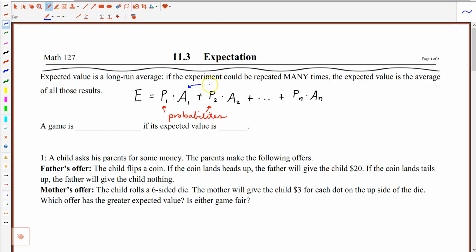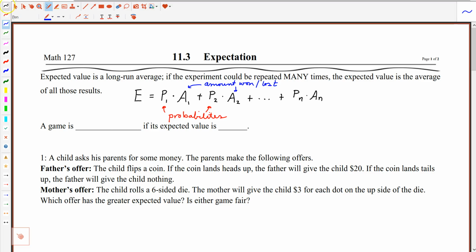And these A's right here are either the amount won or lost, or you can think about it as a profit or a loss, depending on the scenario we're looking at. And we're just going to do that over all the different possibilities as a result of the experiment.